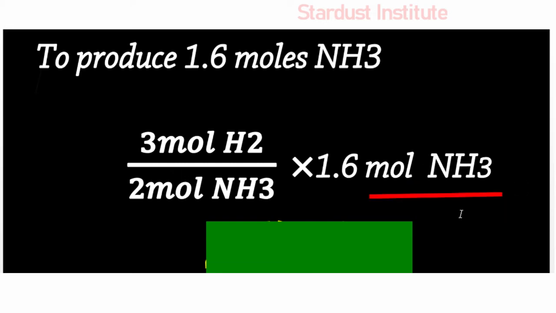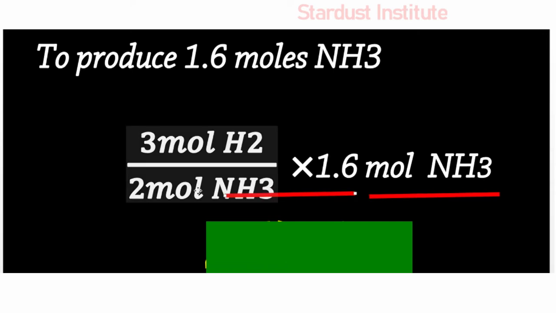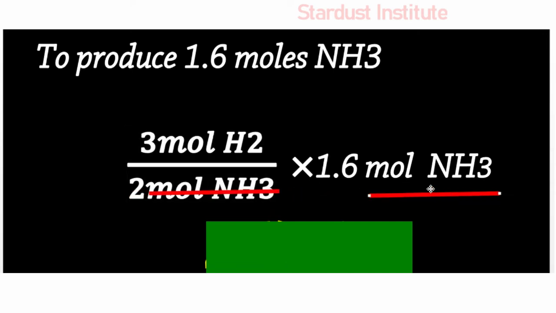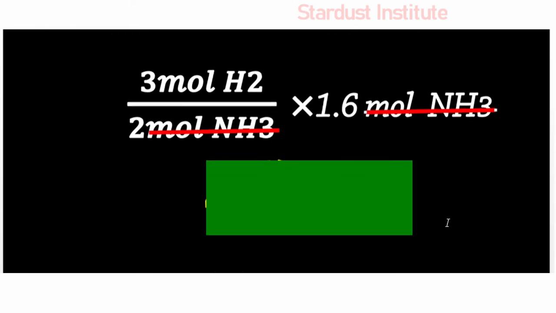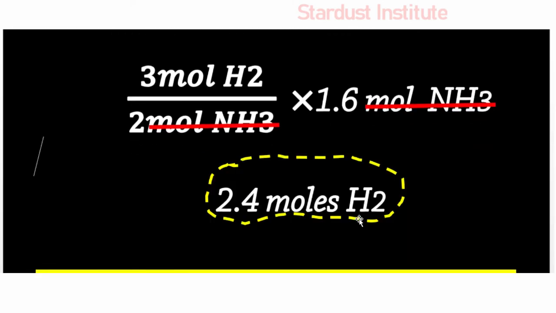Here we should cancel out mole ammonia, then we get 2.4 moles H2.